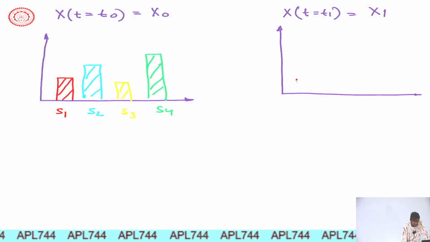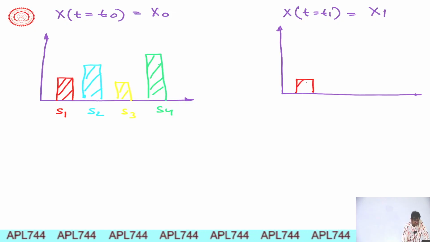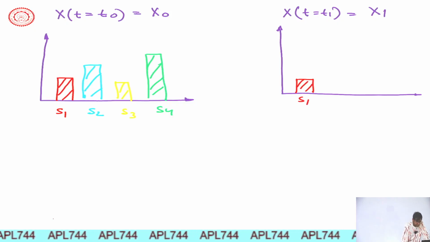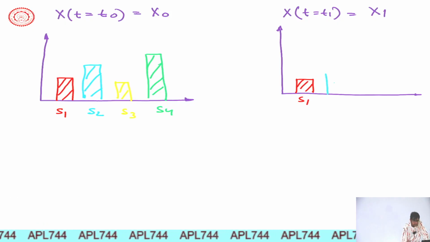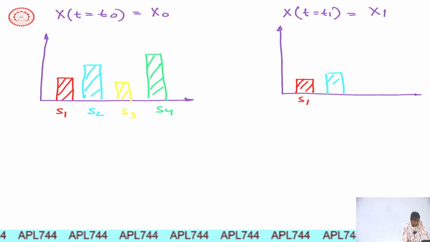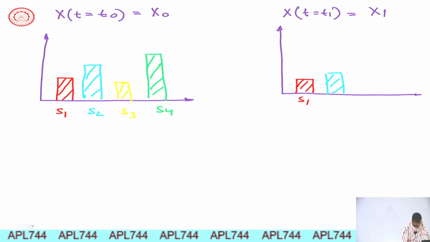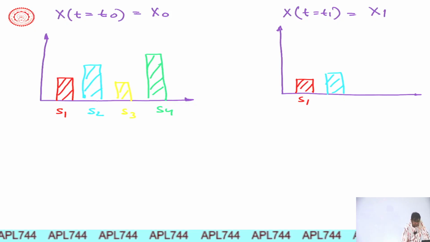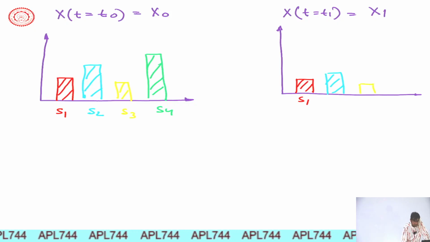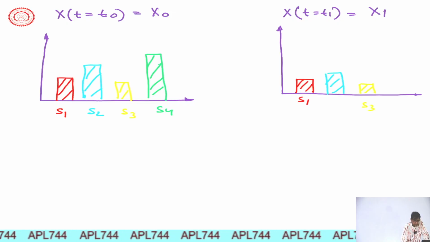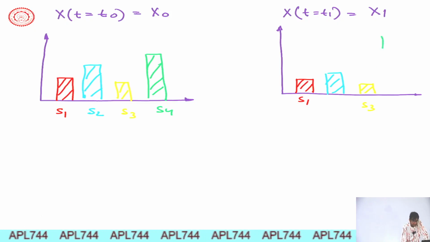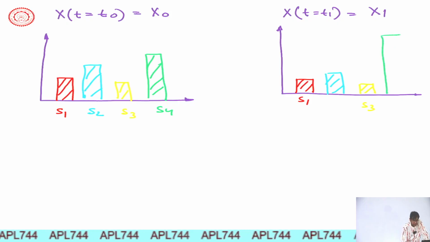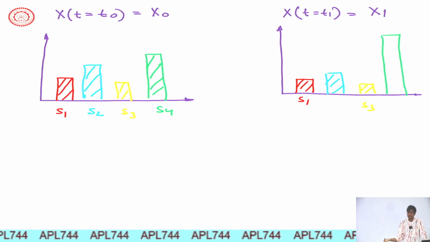So maybe at this stage your S1 has reduced, your S2 has also reduced, S3 has also reduced, and your S4 has skyrocketed. Obviously, the three reduce, one has to increase because the total has to be equal to 1, right?